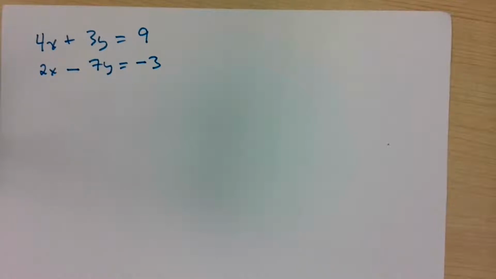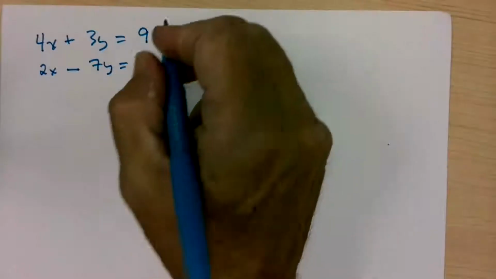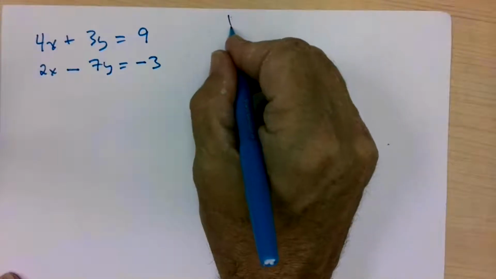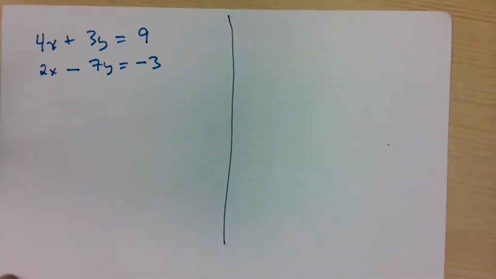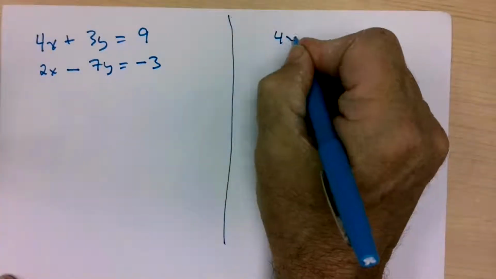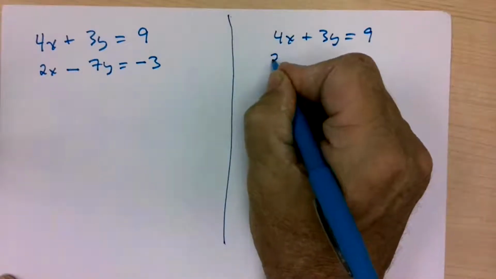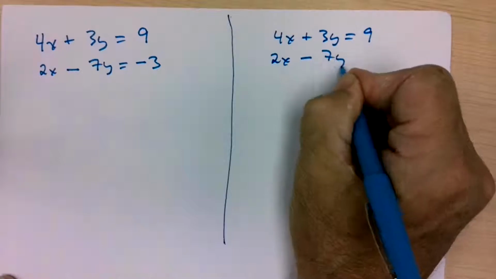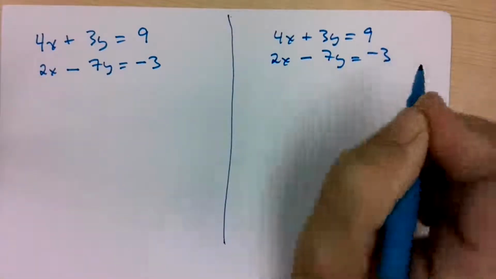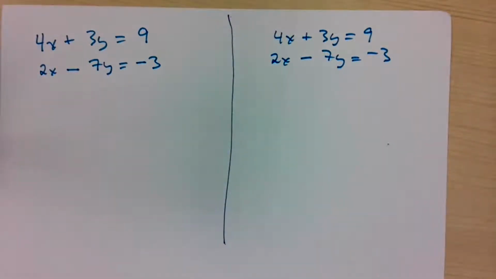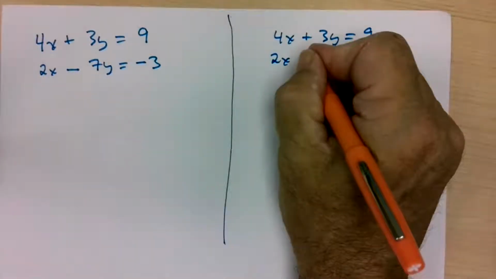I'm going to eliminate the x's first. So let me write these down over here. Separate my page in half. So I have 4x plus 3y is 9, and 2x minus 7y is -3. Let's make the minus 7y plus a negative.